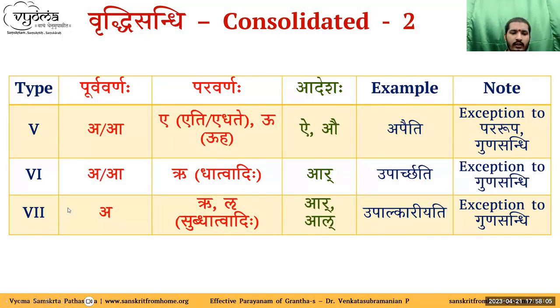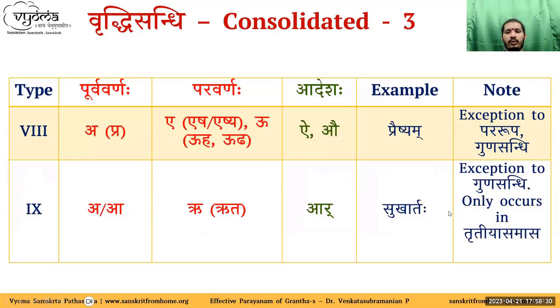So in the seventh type, if we have A in the Purva, and if we have R or L in the Paravarna, on the right hand side, which should be the starting letters of a Supdhatu, then we get the Adesha R or Al. Examples are Upalkariyati. So this is again an exception for Gunasandhi.